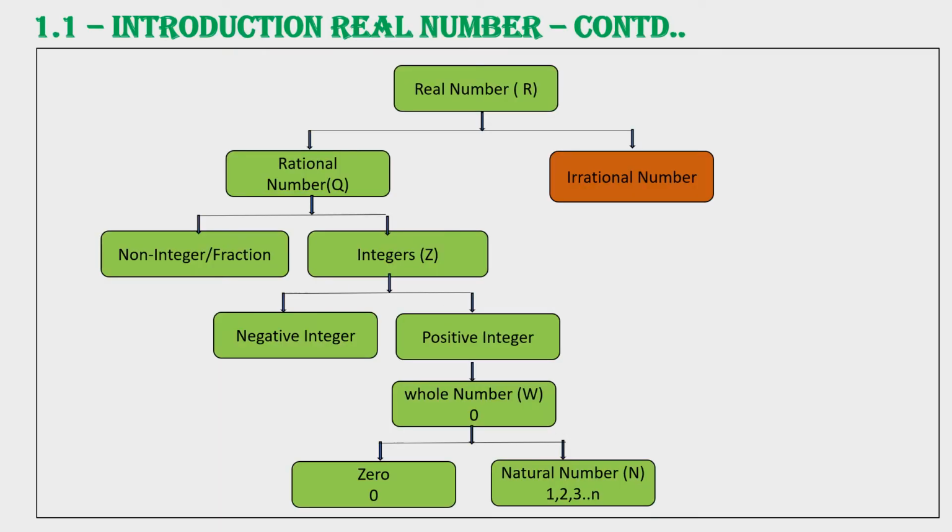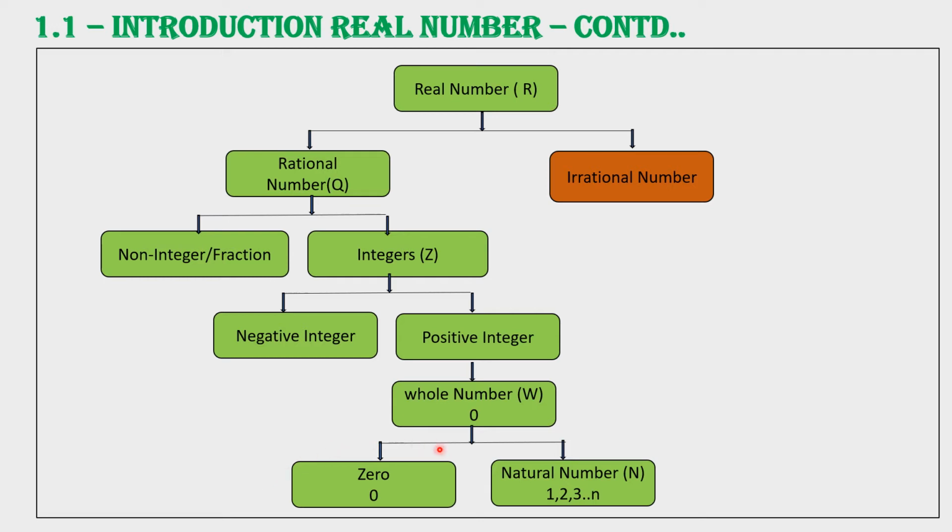Okay, continuing from the previous slide, we will now understand the high level flow diagram, showing which types of numbers come together to form real numbers. Let's understand this slide from the bottom, it will be easy for you.